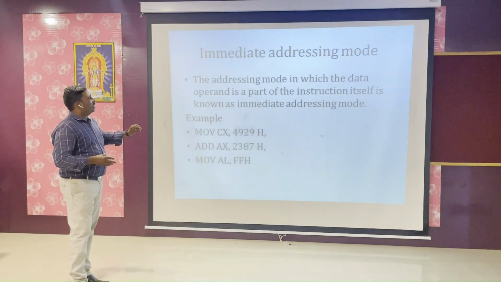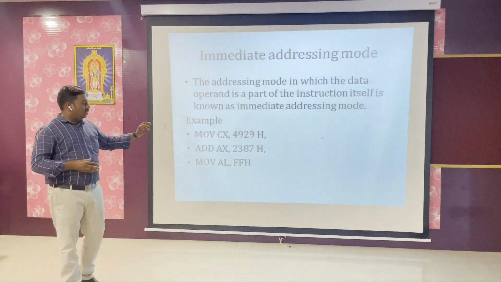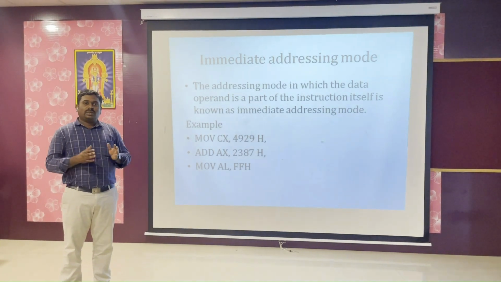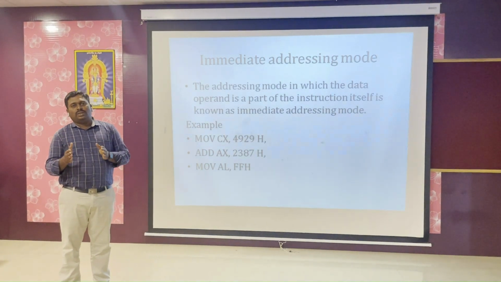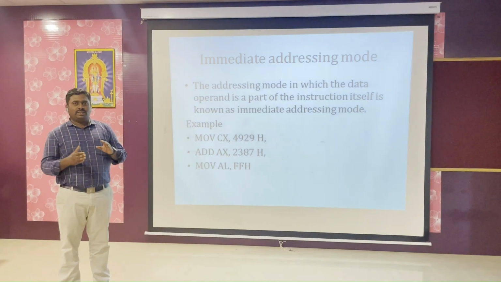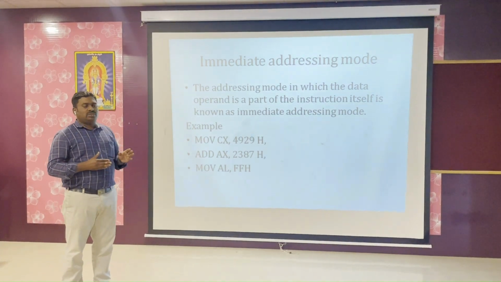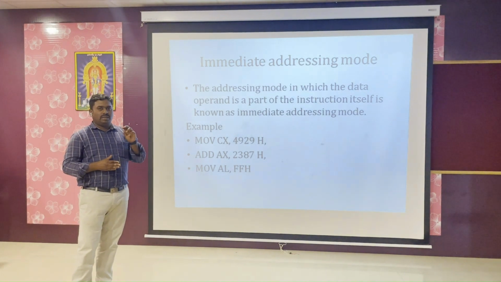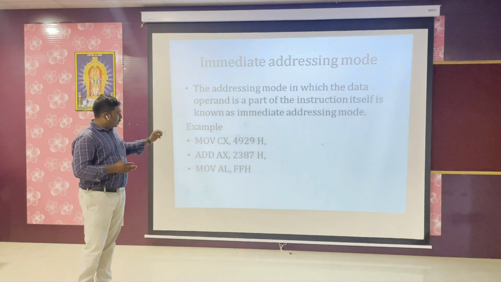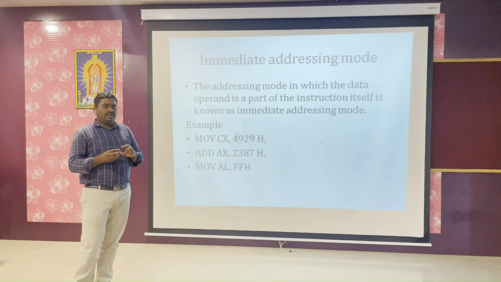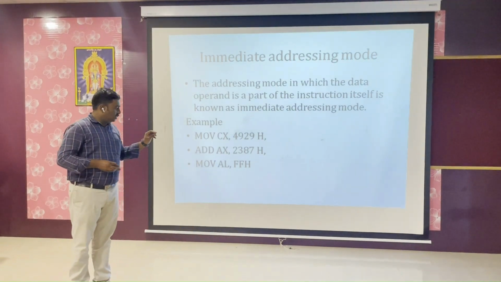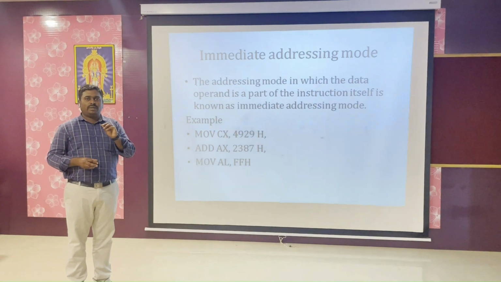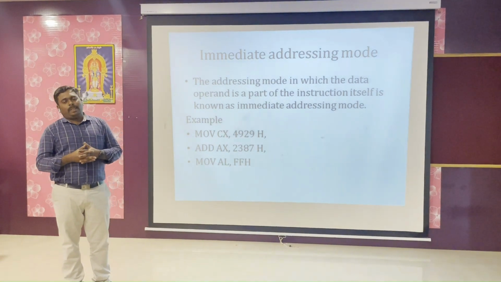Another example, ADD AX, 23A7H, which means 23A7H will be added with the AX register. In the AX register, we have data. That data should be added with 23A7H. Finally, the added value will be stored in the AX register, which is nothing but a combination of AL and AH.